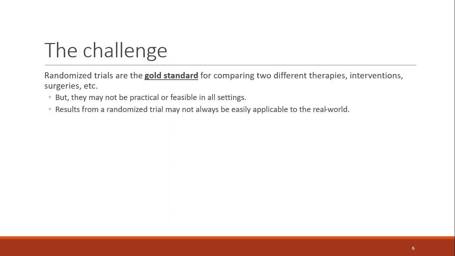We can think about the smoking and birth weight issue. You couldn't possibly consider doing a randomized trial there. Additionally, even if you can do a randomized trial, you run into this issue of generalizability, right? How generalizable, how applicable is what we found in a randomized trial to the real world? And that can be a tough question to answer because the people who are in a randomized trial are often pretty different from others.